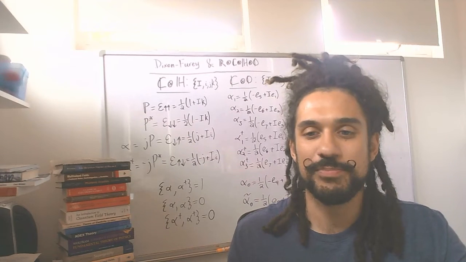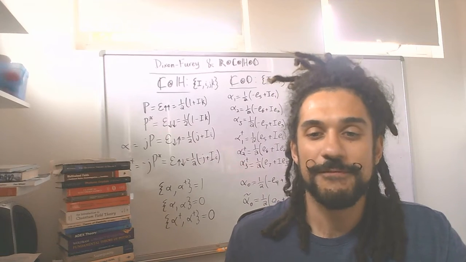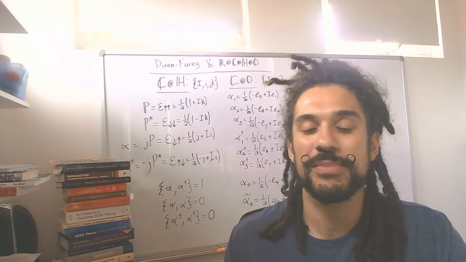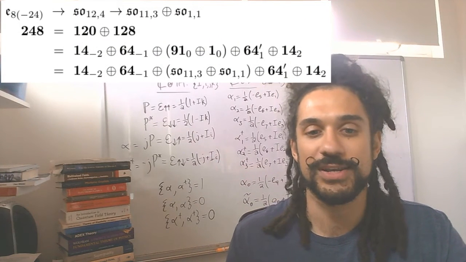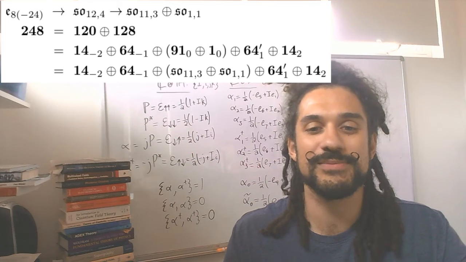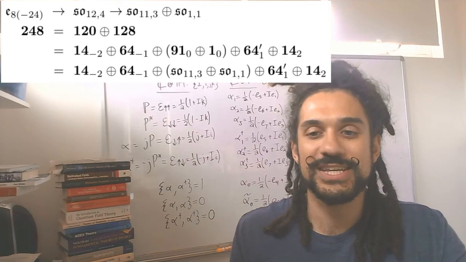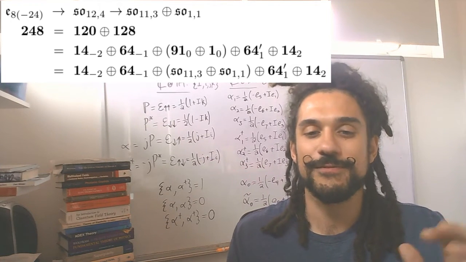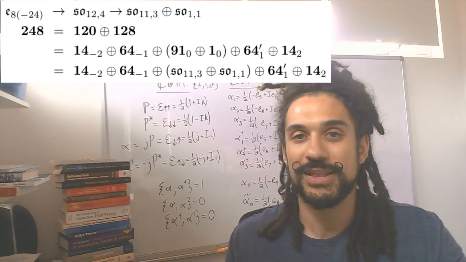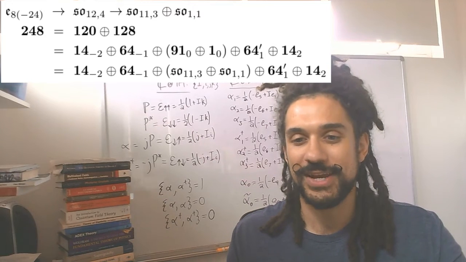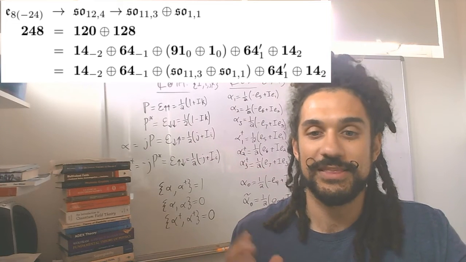A 5-grading is a separation of a group's generators into 5 different collections or grades. A 5-grading of E8(-24) can be found by breaking SO(12,4) to SO(11,3) cross SO(1,1) to give E8 as 248 dimensions that are equal to representations in different grades, with 14 in one grade, a 64 spinor in another grade, the 91 plus 1 referring to the SO(11,3) cross SO(1,1) in another grade, another 64 spinor in a 4th grade, and finally another 14 in the 5th grade.